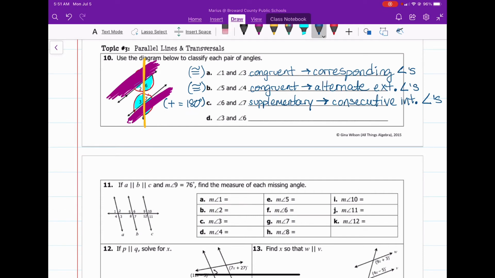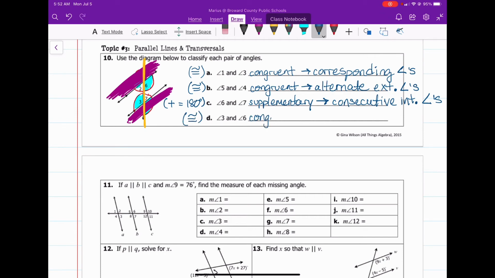Now, let's take a look at the last pair, angles 3 and 6. Once again, angles 3 and 6 are on the inside, okay? But they're on opposite sides of the transversal. If they're the same color, we already know that they're congruent, they're equal.